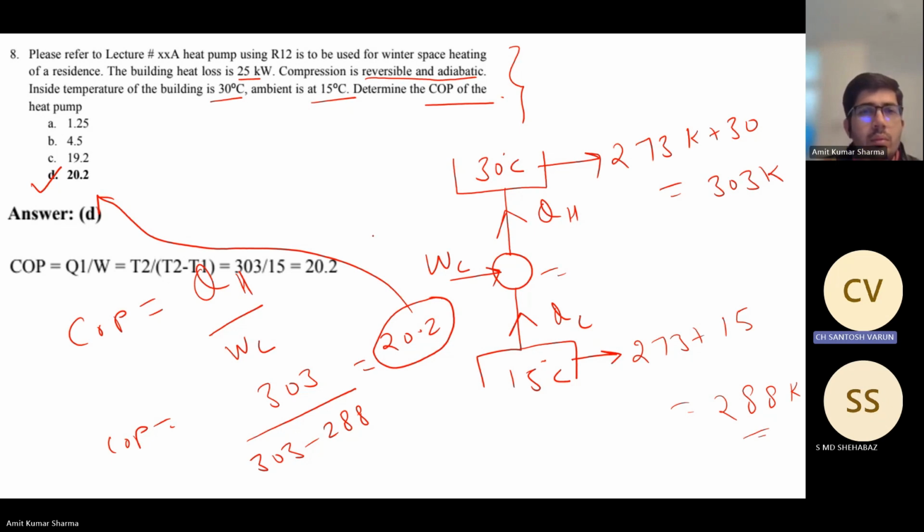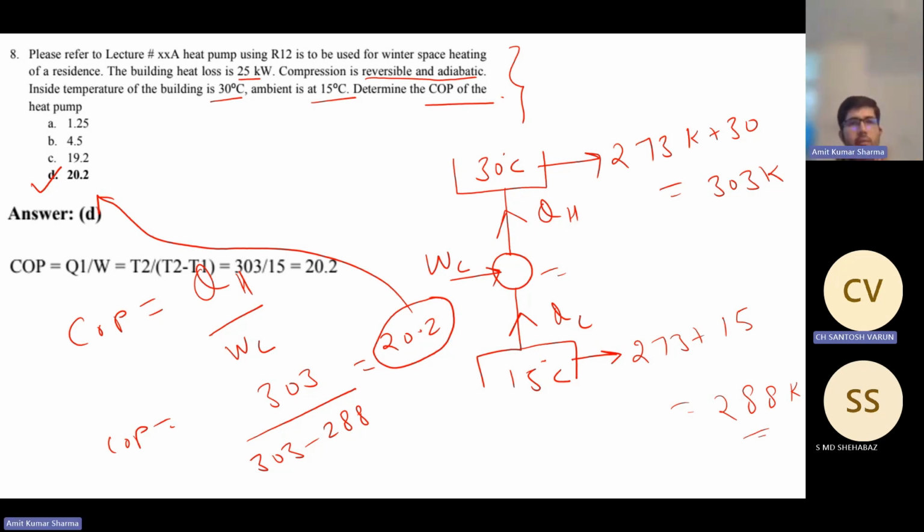But here they are telling that only the compression is reversible adiabatic. We don't know whether the heat transfer is reversible or not, right? I have calculated this because there is no option for me to calculate the compressor work. So I have taken the COP directly equivalent to the Carnot COP and calculated with the help of the temperatures.